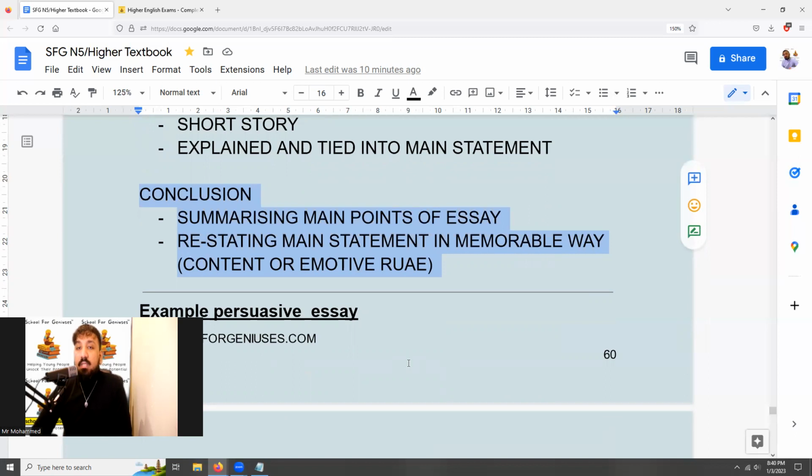Then what you want to do is finish your essay by saying your persuasive statement again, but you want to say it in a way that is very strong, very emotional, very impactful. So again, just think about how you can end your essay by saying your persuasive statement again, but in a way that is easy to remember, or memorable.